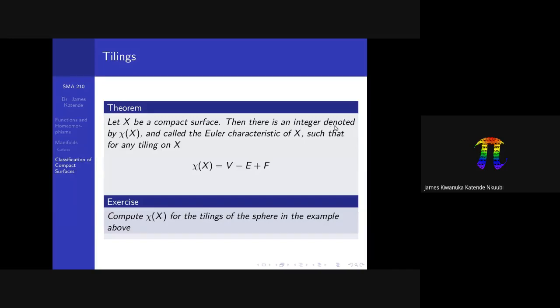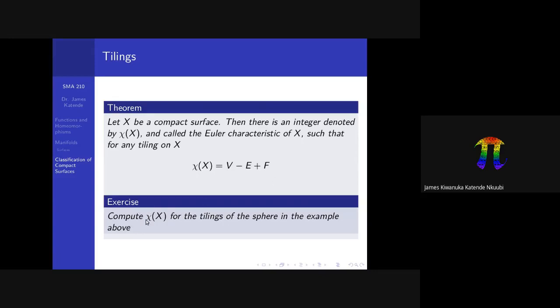Then there is an integer, denoted by chi of X, called the Euler characteristic of X, and given by V minus E plus F. So this means it's a fixed integer, and it doesn't matter what tiling you have on X, this number will always remain the same. As long as it's a tiling satisfying the two conditions that we gave, this number will always be the same, and it will be called the Euler characteristic.